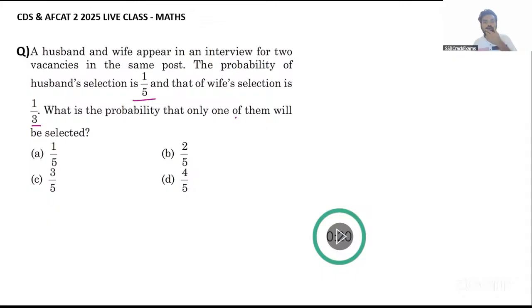What is the probability that one of them will be selected? So you can try this easy question. I have already told you a lot of examples. Now we are starting with the questions. I will give you time to do those questions also. So try to do this question and tell me the answer.